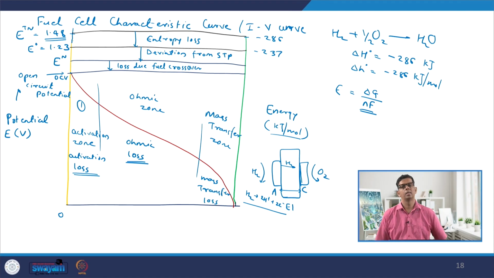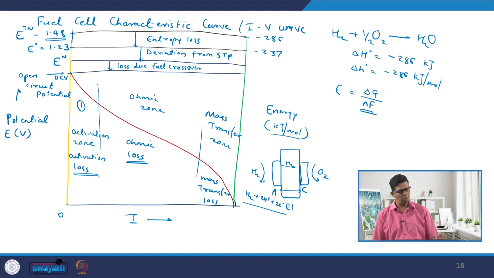These three losses basically incur in the system as and when we start drawing current from the circuit. As we draw more and more current, more of these losses get added and we end up having such a characteristic curve for a fuel cell.